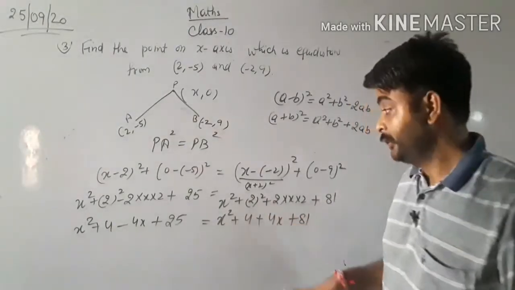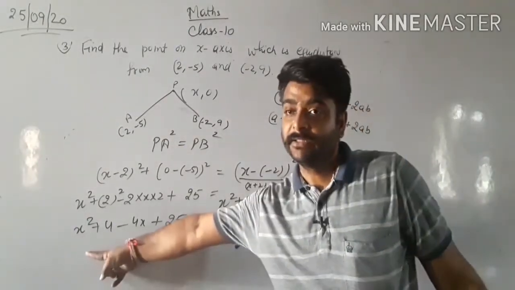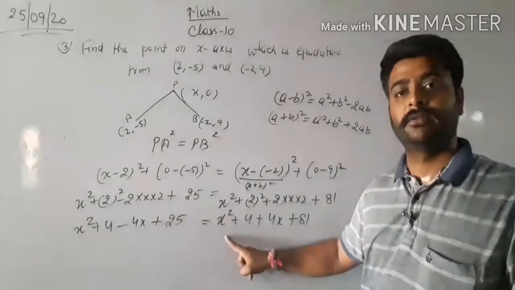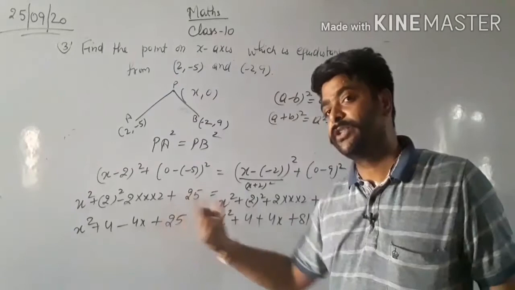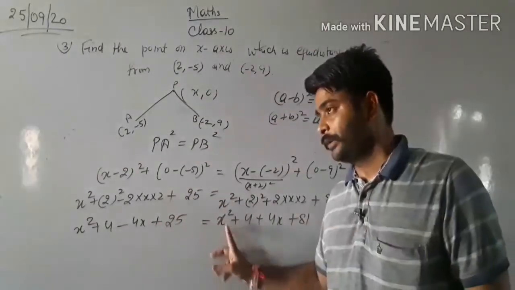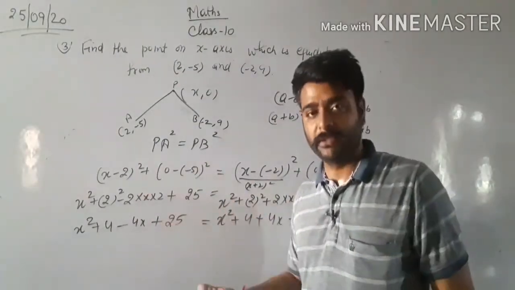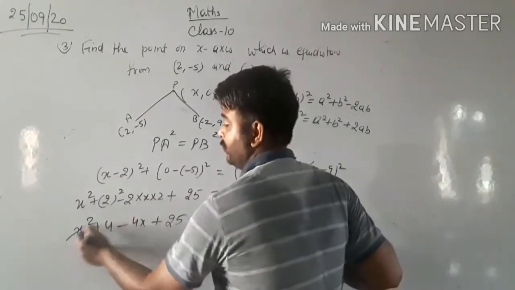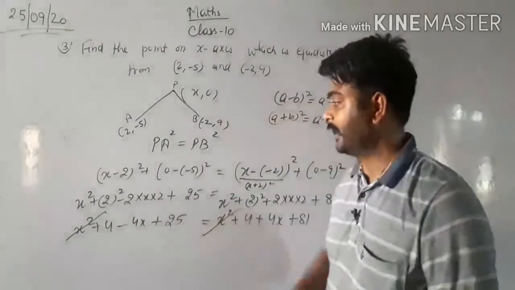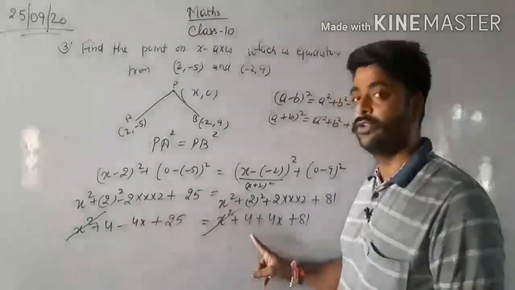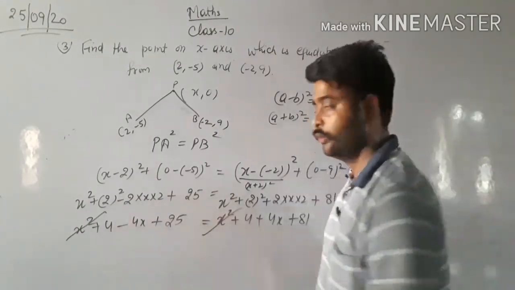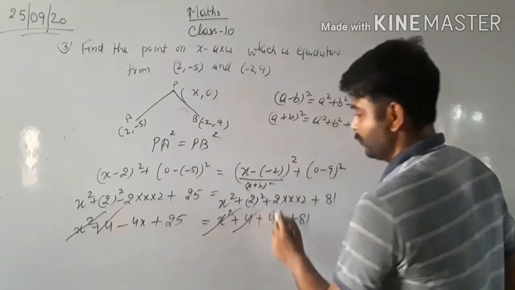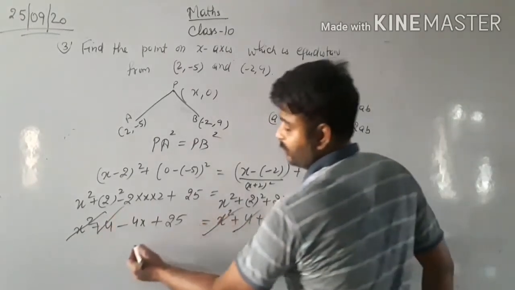Now look, x square is on both sides with equal value, so it cancels out. Again plus 4 on both sides, when it goes to the other side it becomes minus, so 4 minus 4 is 0. So I will cut it. What is left, class?